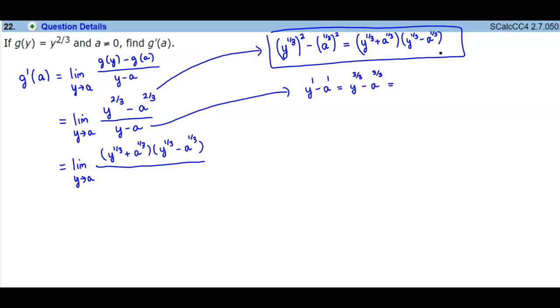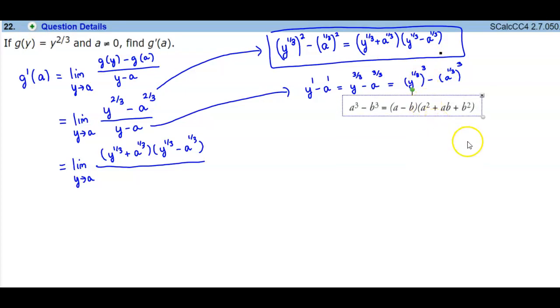Which then means what? Well, it's similar to what we just did in the previous step. We know that we have y to the 1/3 raised to the 3rd power, minus a to the 1/3 raised to the 3rd power. What does that mean? Well, that means that we now have the difference of cubes.